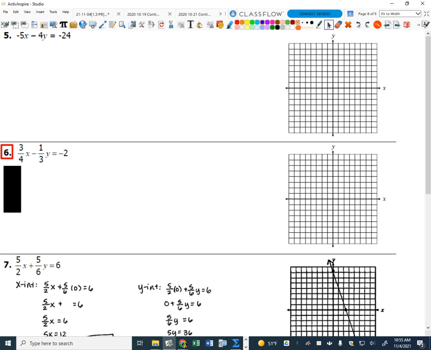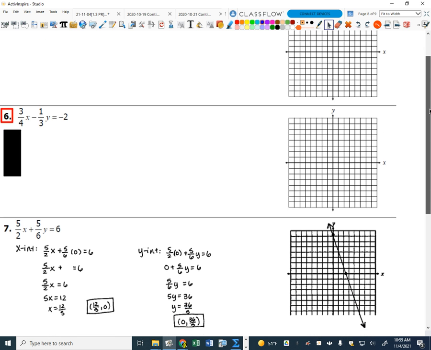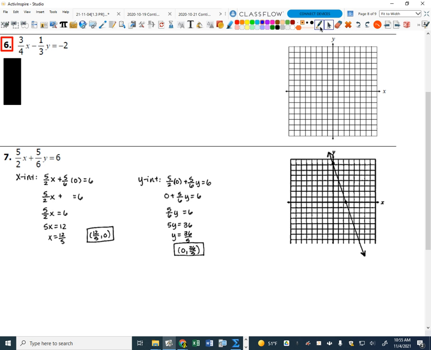Clear the fractions and find the x and y intercepts for me. What am I multiplying by? 12.